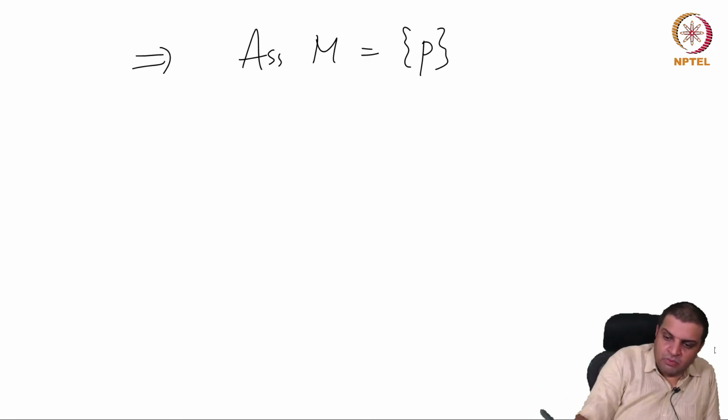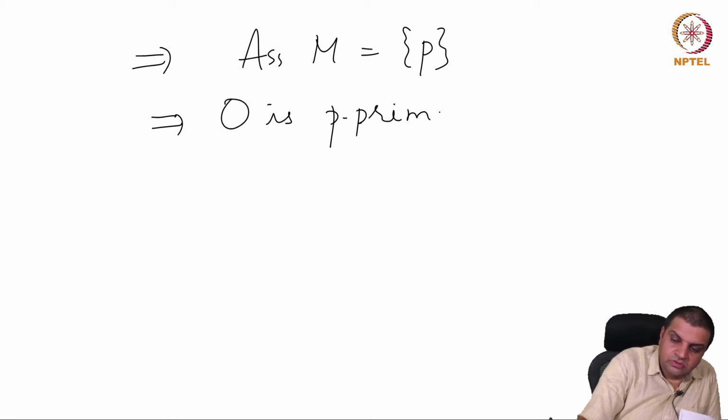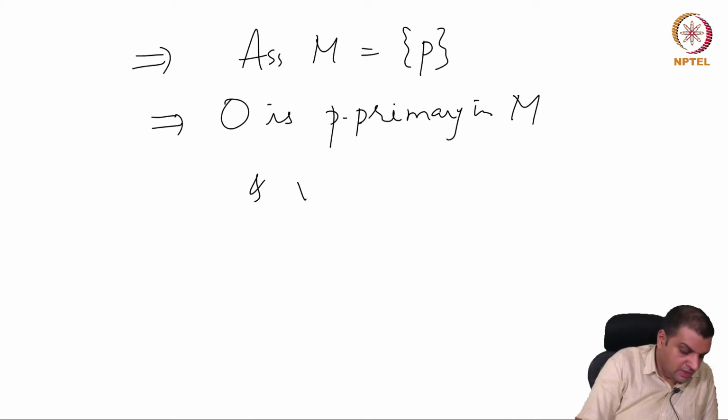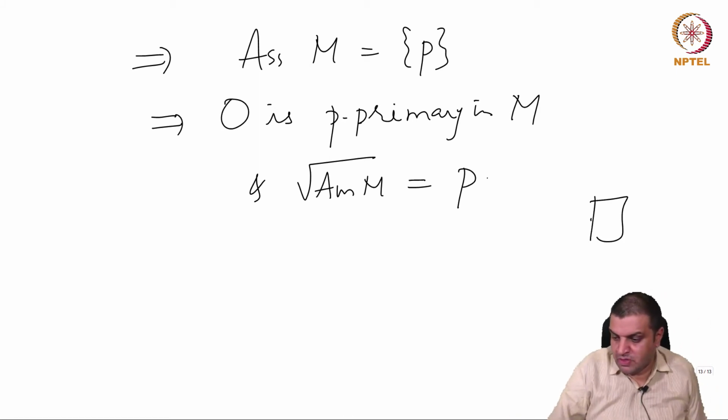Okay, but what does that say? This now says that 0 is P primary in M, and the radical of the annihilator of M is P. Okay, so this proves the proposition.